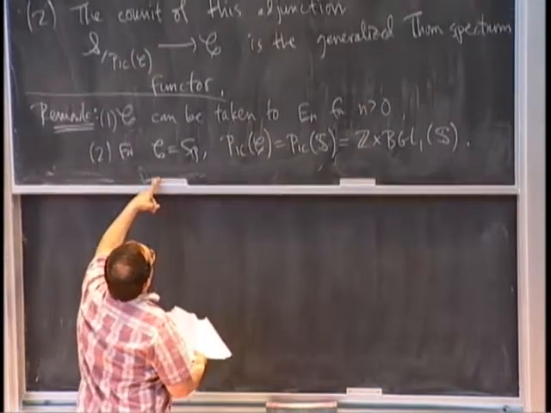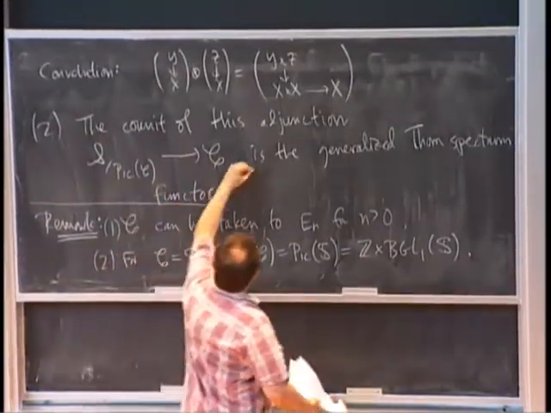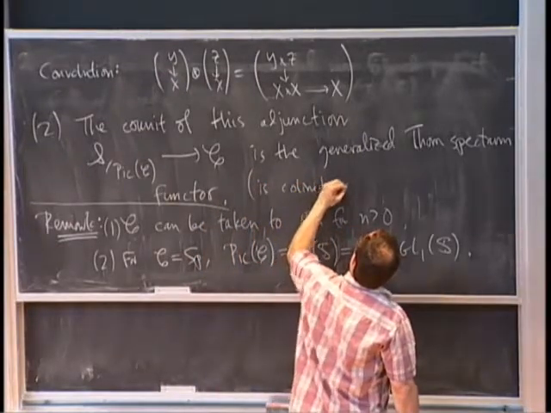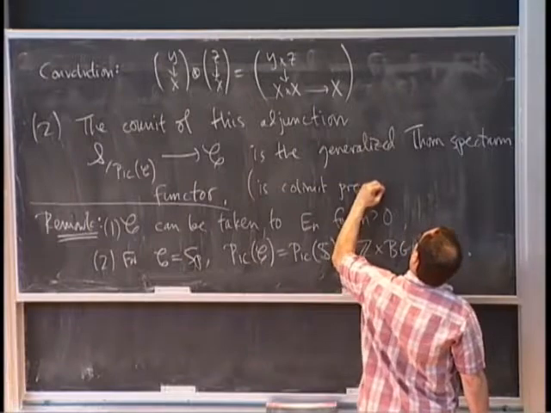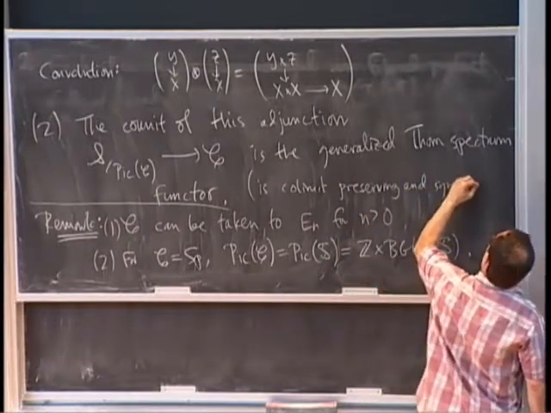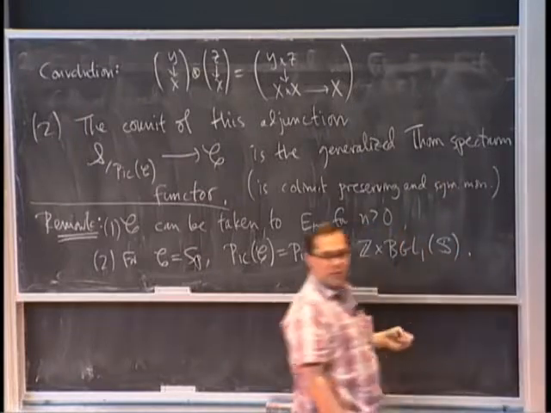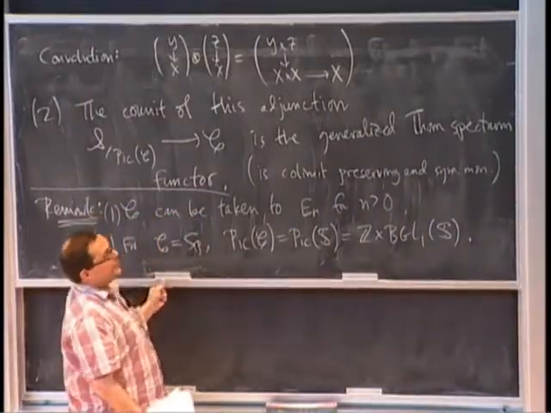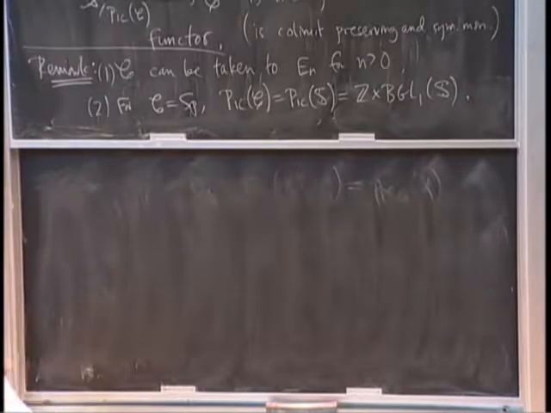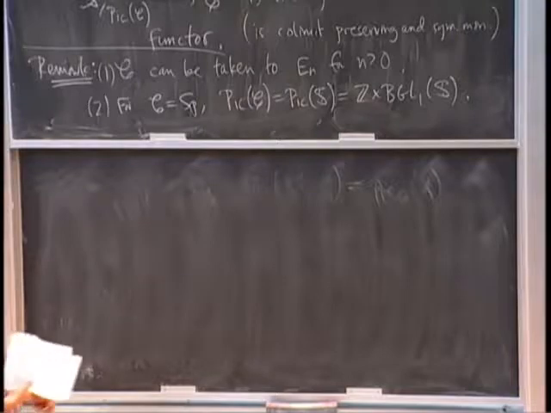So I should mention this functor is colimit preserving and symmetric monoidal, which kind of gives you a formula for how to figure out what it's doing in general. I'm worried a little bit with the Z because the monoidal structure is still preserved if you have the suspension?